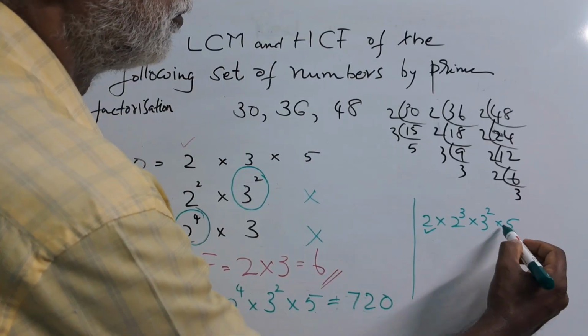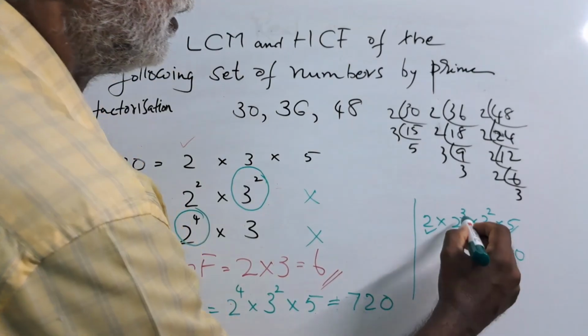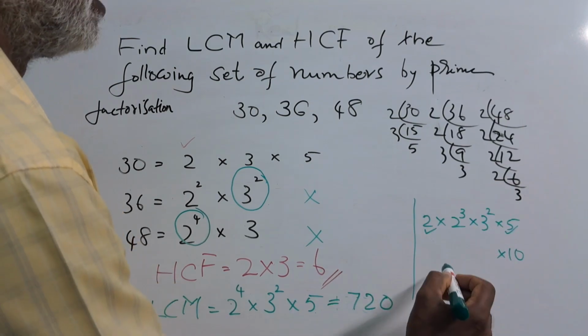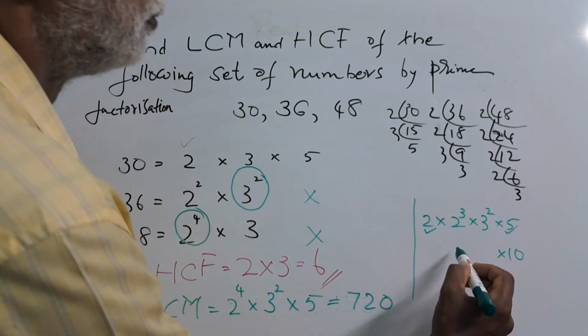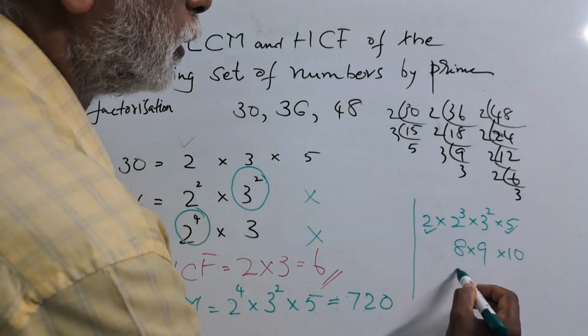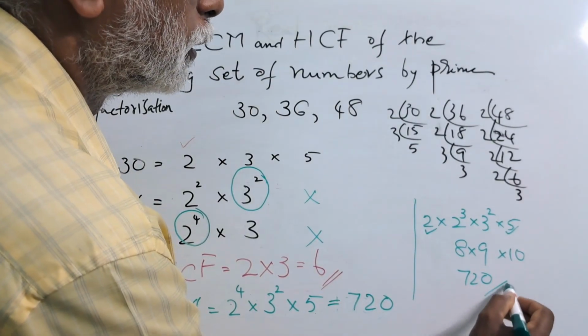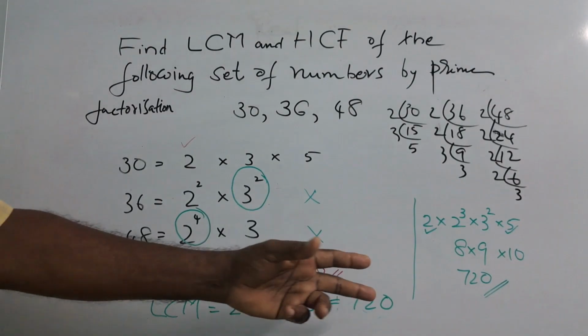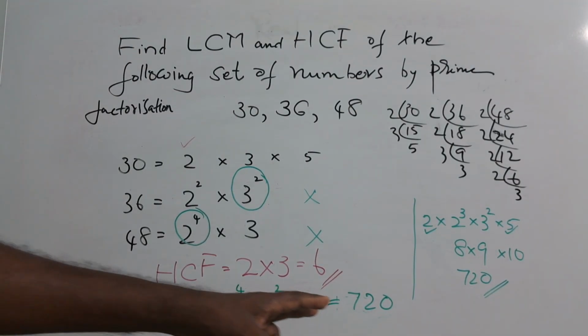You know 2 into 5 is 10. 2 cube: 2 into 2, 4, 4 into 2, 8. 8 into 9, 72, into 10, 720. This is an easier way to find the product.